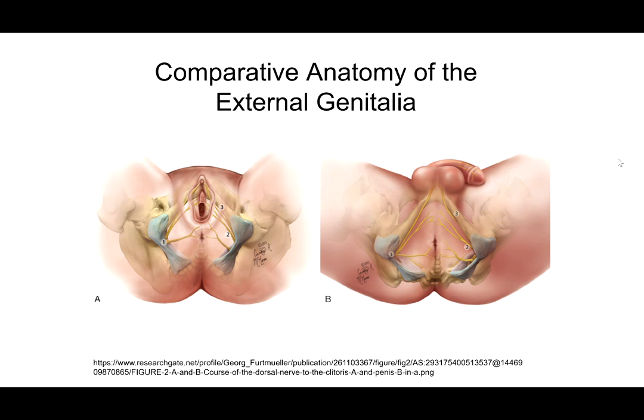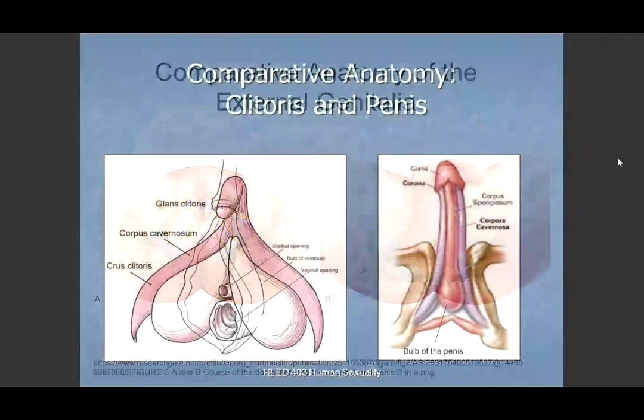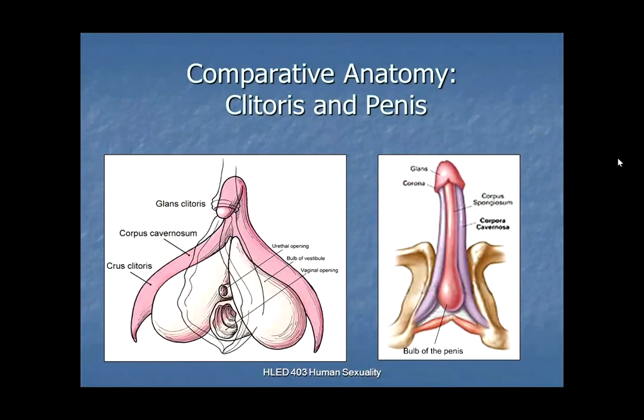So I'd like to now focus a bit more on the similarity between the clitoris and also the penis. So again, homologous structures because they started out in development exactly the same. So different versions of the same structure.